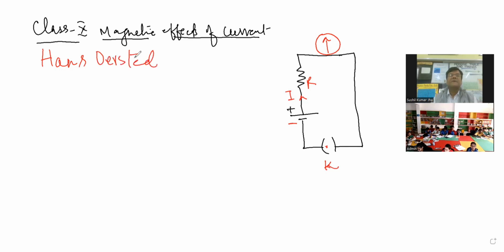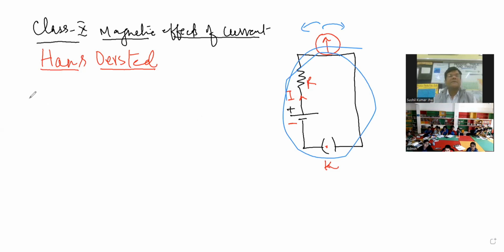When a magnetic compass was placed near this circuit, it was observed that the compass deflects, either left side or right side, which means the entire circuit behaves like a magnet.